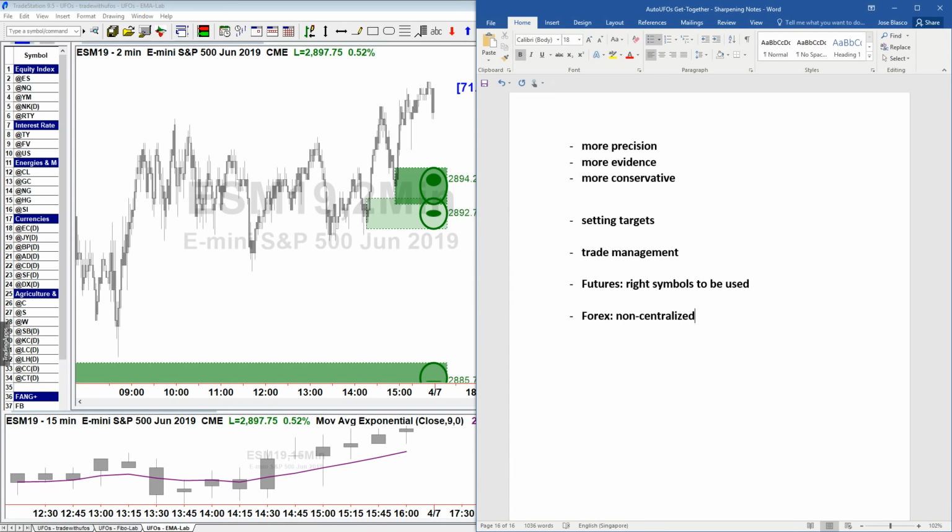Therefore, when trading Forex, for intraday trading especially, you have to be a little careful. There are a few things that you need to know, and if you don't pay attention, you may get stopped out, or you may miss a target, and then you wonder why. We need to talk about that because, like everything, if used properly, it may actually give you a little edge.